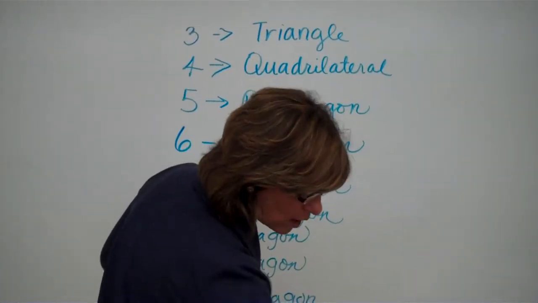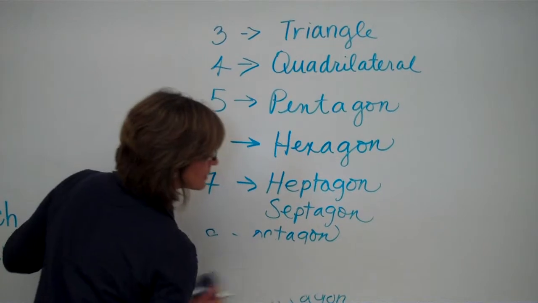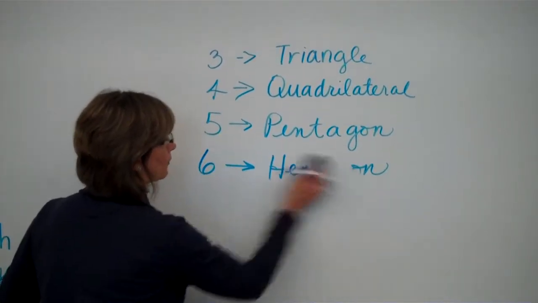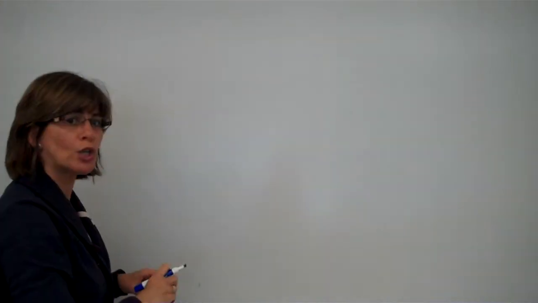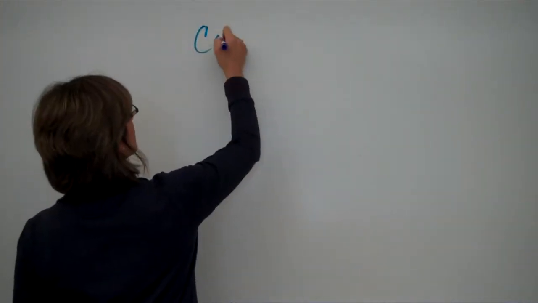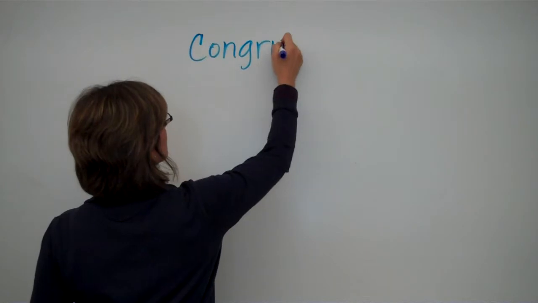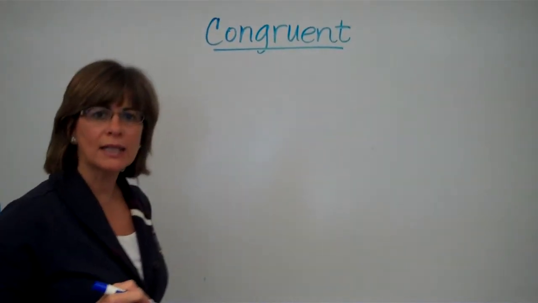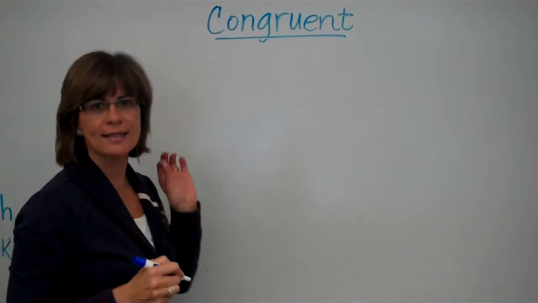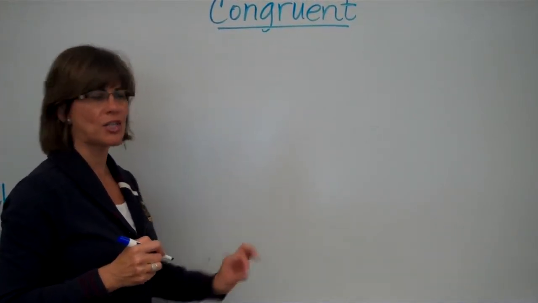Okay, as we go on talking about polygons, we can compare them. And we compare them using 2 terms. The first term is congruent. Congruent polygons are polygons that are the exact same size and shape.